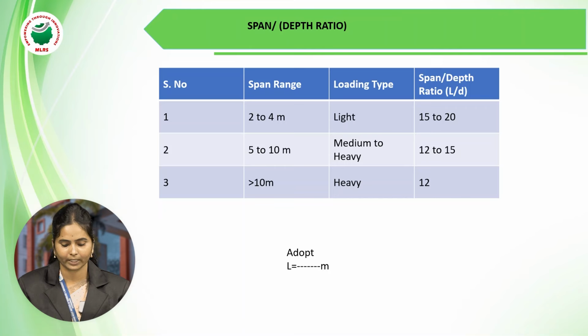If the clear span is between 5 to 10 meters, the loading type is medium to heavy, and we take 12 to 15. If the span is greater than 10 meters, the loading type is heavy, and we take the ratio as 12. Then we can get L.